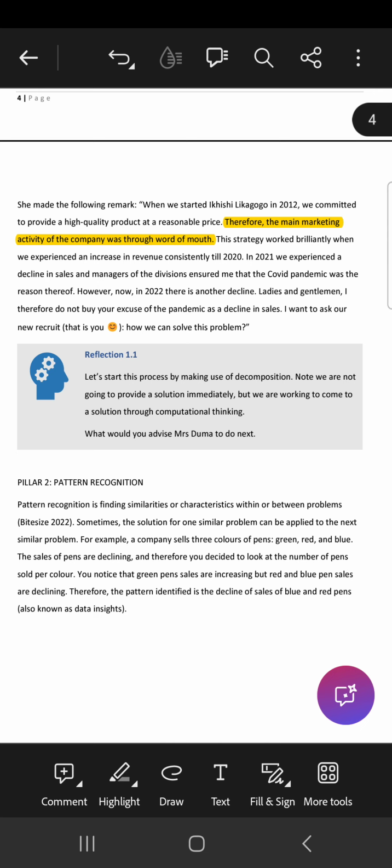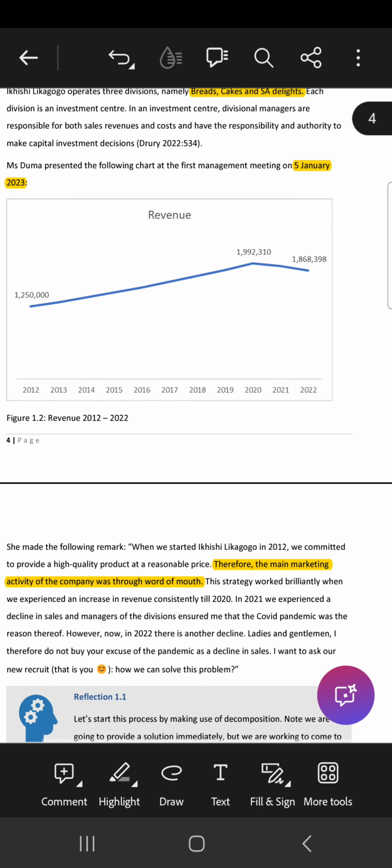And the question, or the query, was posed by Ms. Duma, who said that there was consistent growth in terms of our revenue, as seen in the illustration here and the diagram that shows us the growth in revenue.